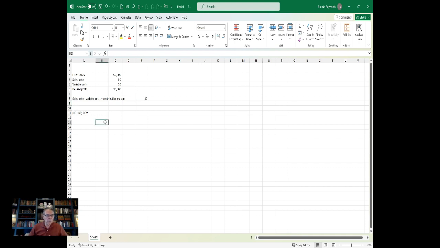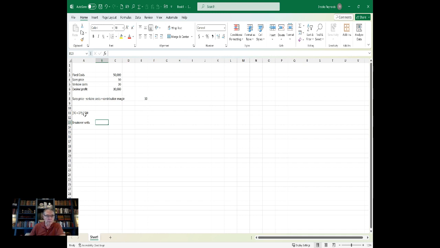So the first thing that you're going to need to calculate will be the break even units. Break even units, of course, would be the fixed cost plus desired profit divided by contribution margin.